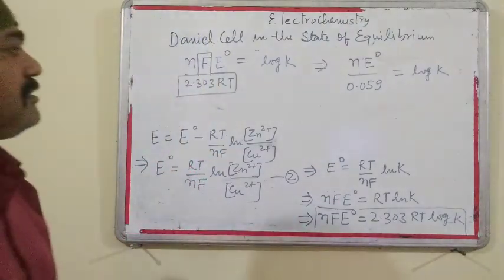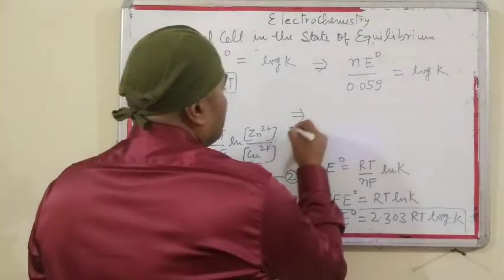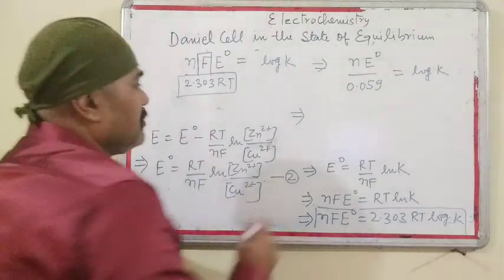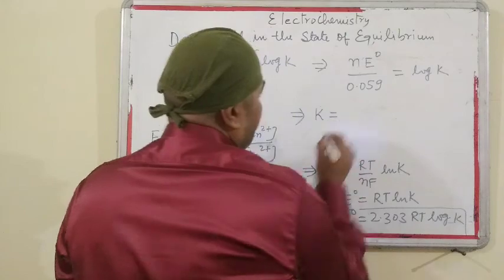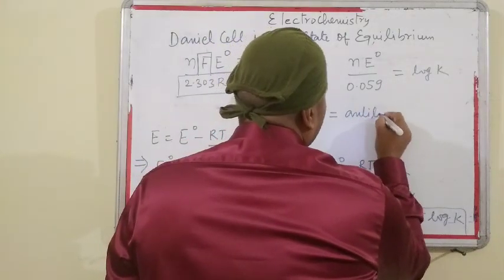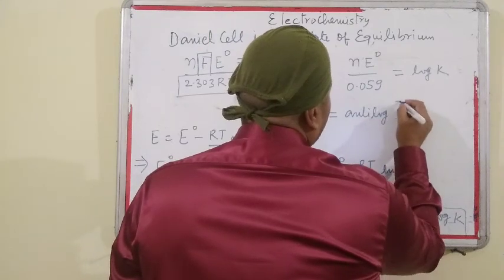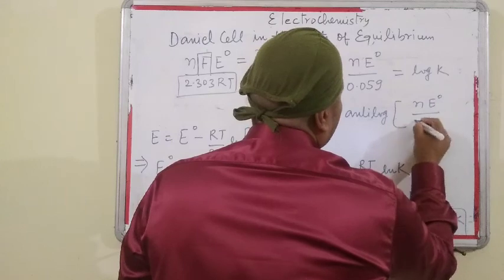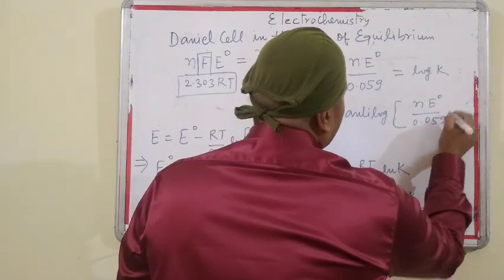Okay. Now, if we have to find out the value of the equilibrium constant, we can take K equal to the antilog of nE0 divided by 0.059.